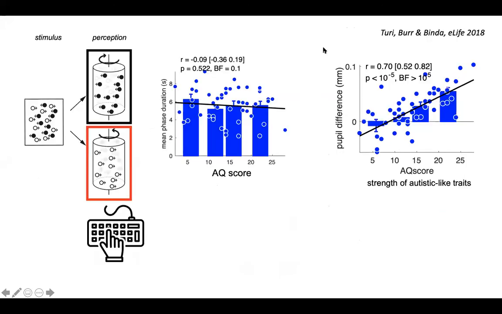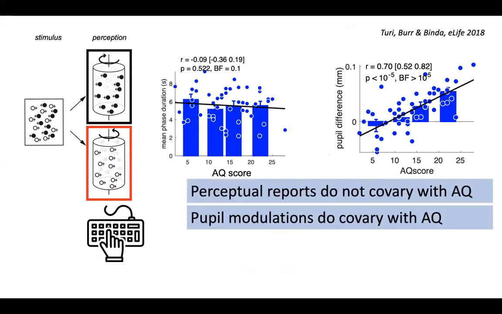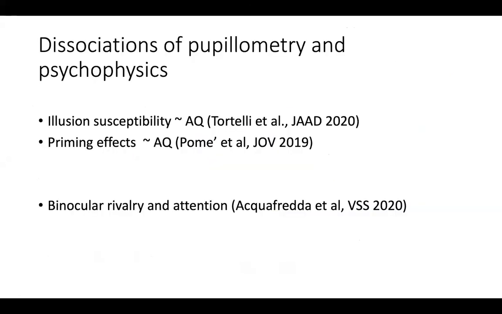So this is an example where we have a dissociation between the information we gather from pupil recordings and the information we gather from subjective perceptual reports. And this adds to a fairly long list of studies where we find a similar conclusion, a dissociation between pupillometry and psychophysics.